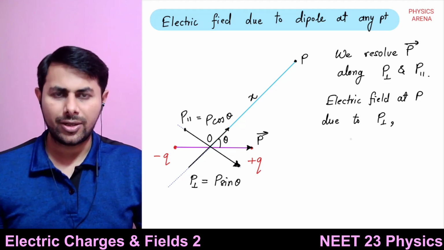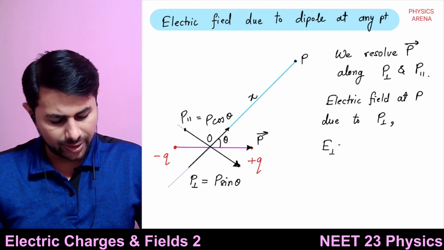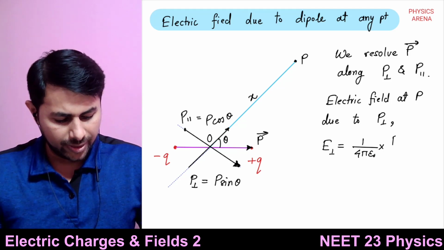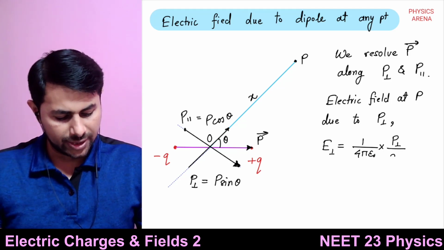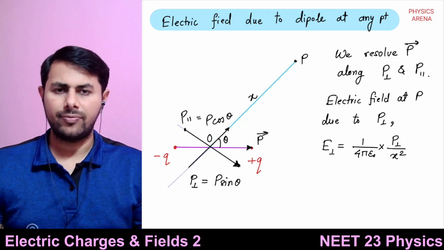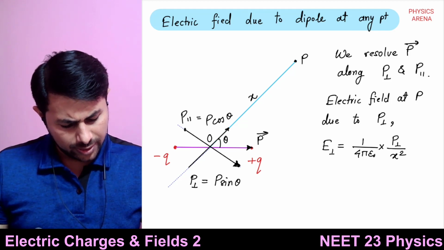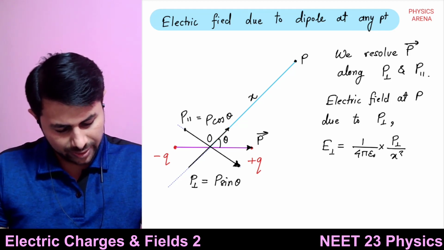So we know the electric field along the equator. Let's call it E perpendicular. It is equal to 1 upon 4 pi epsilon naught multiplied by P perpendicular divided by distance cubed. How much is distance? x. So x cube, sorry, not square.